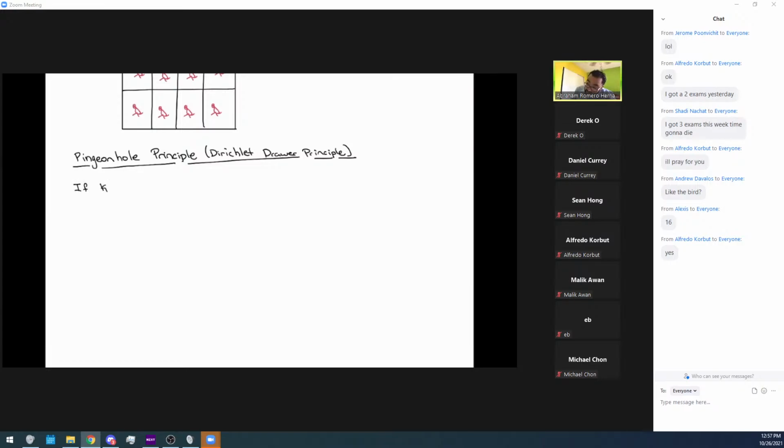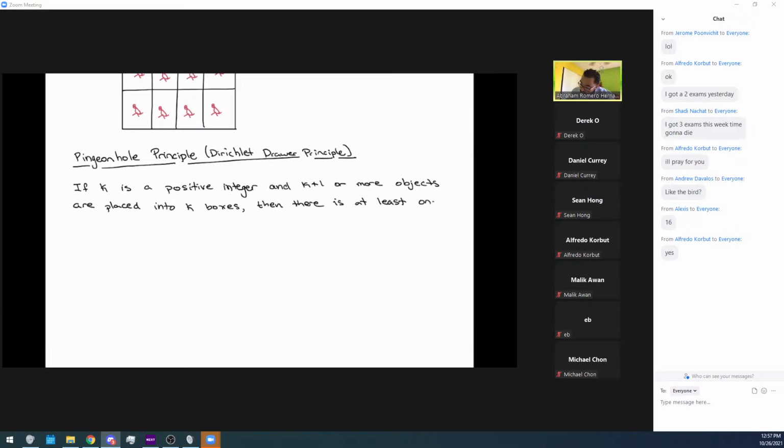If k is a positive integer and k plus 1 or more objects are placed into k boxes, then there is at least one box containing two or more of the objects. And that does make sense.